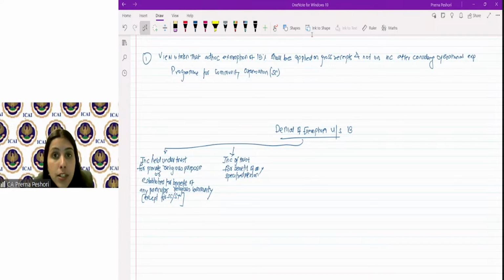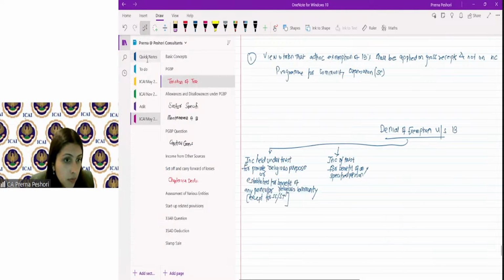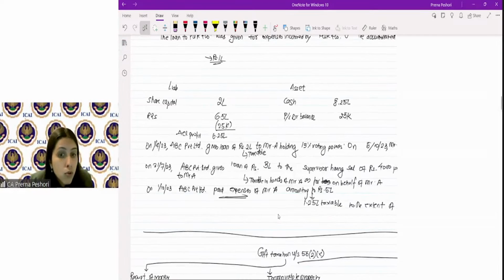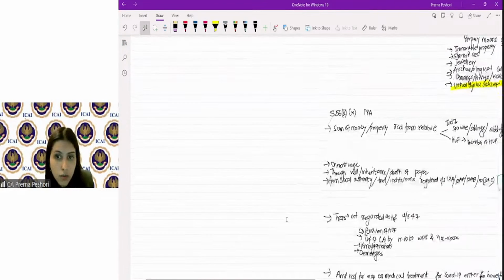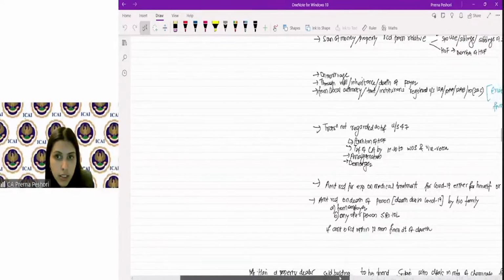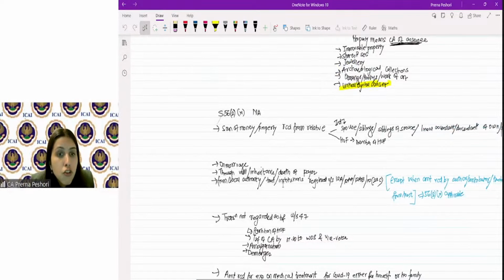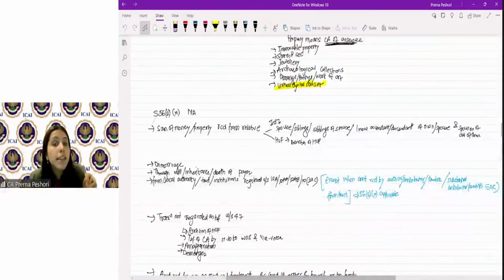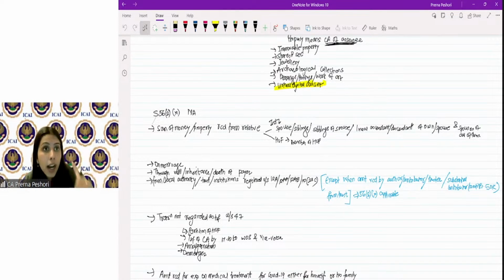If you remember, we had done 56(2)(x) under income from other sources, and there we had the exclusions under 56(2)(x). From the trust institutions registered under 12A, 12AB, 12AA, 10(23C), if you receive any asset, then 56(2)(x) is not applicable. Except, I've written the exception also over there: when the amount is received by the author, contributor, trustee, or substantial contributor contributing more than 50,000, in that case 56(2)(x) is applicable. I'm connecting the same point again over here.